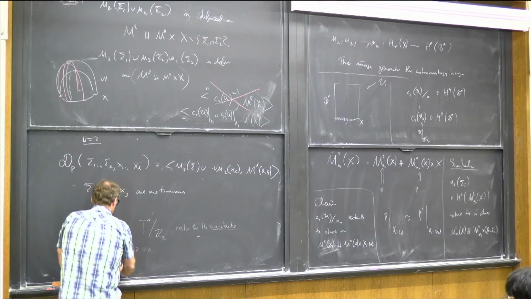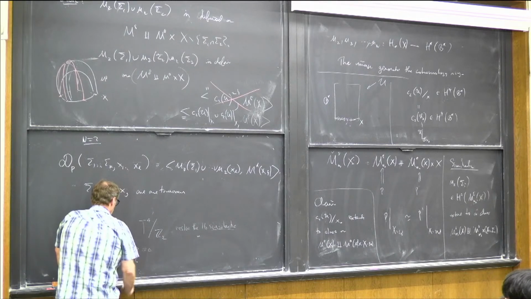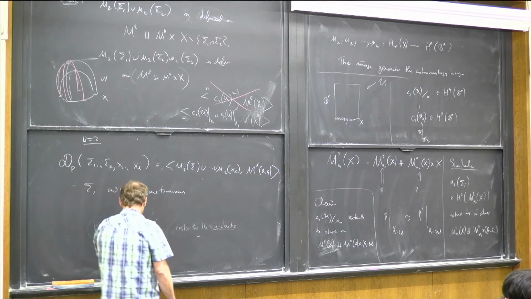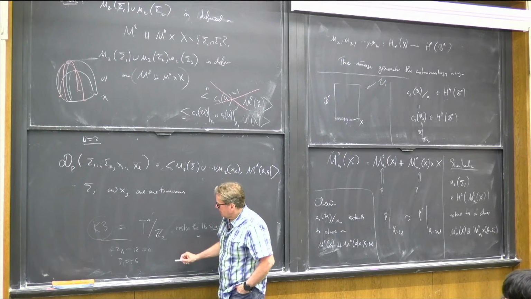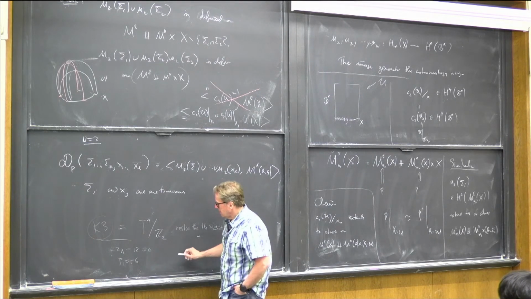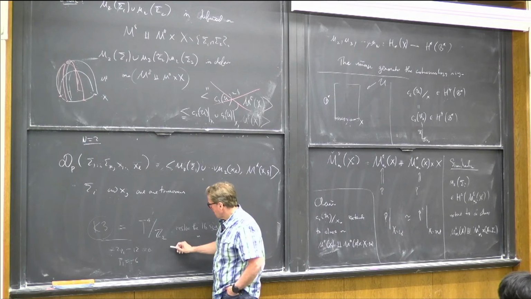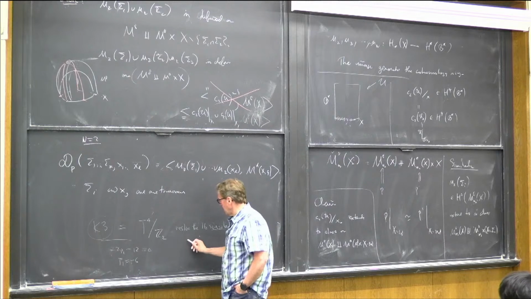If I want this to be 0, then I want P1 to be minus 6. And there's an interesting game that you can play. I'd have to think about this a little bit more to get this straight.